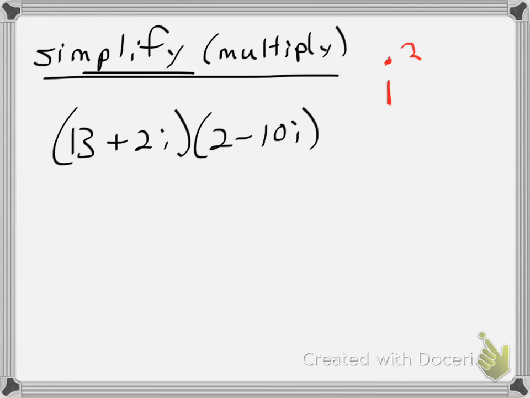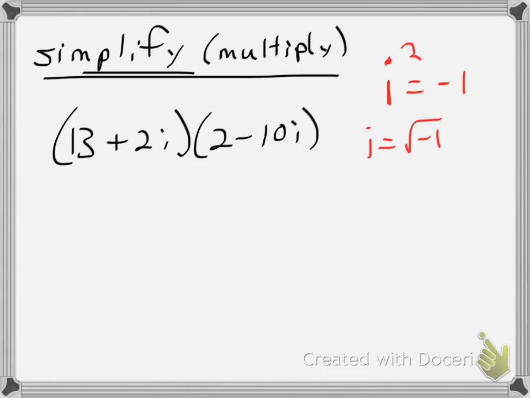Even though i is still defined as the square root of negative 1, i squared is defined as just negative 1. Think of squaring the square root of negative 1 and we're left with negative 1. So anytime when we simplify complex numbers, if we come across an i squared, we're going to immediately substitute a negative 1 for that.